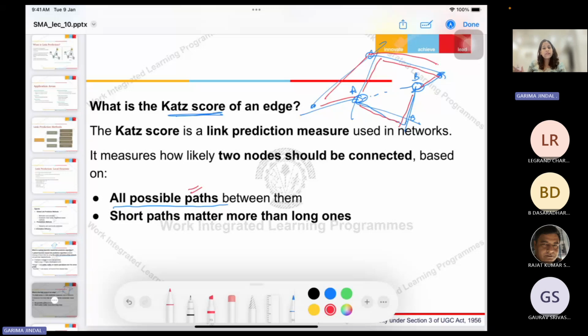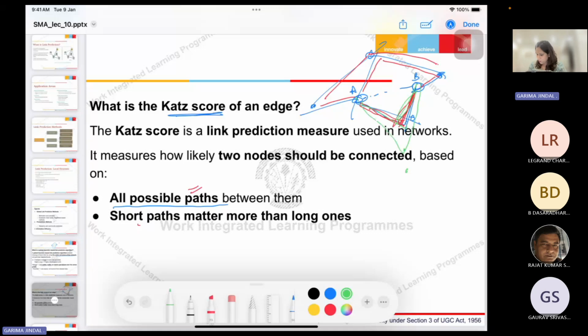After considering all those paths, the notion behind the Katz score is that the more shorter paths, like this one, the better. Maybe let us assume there was another node here.